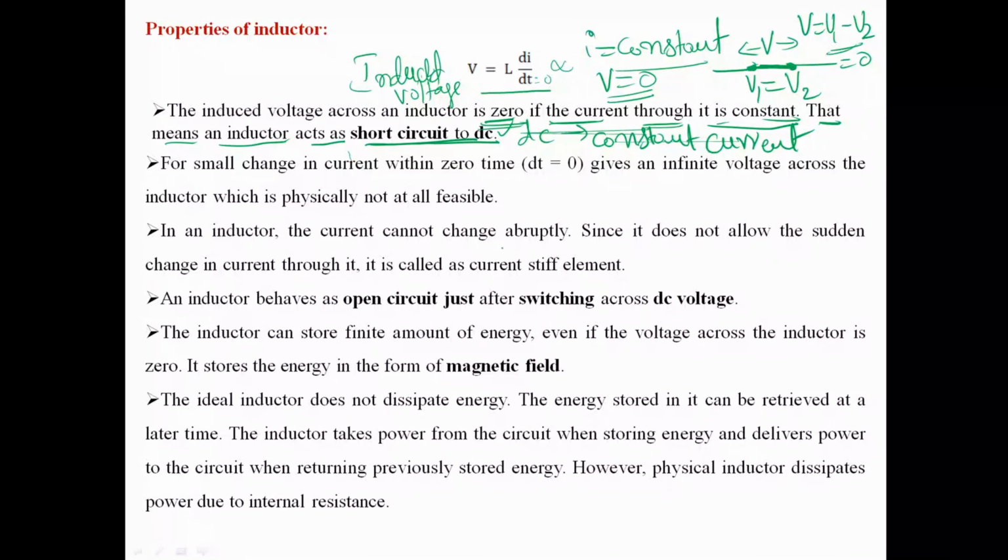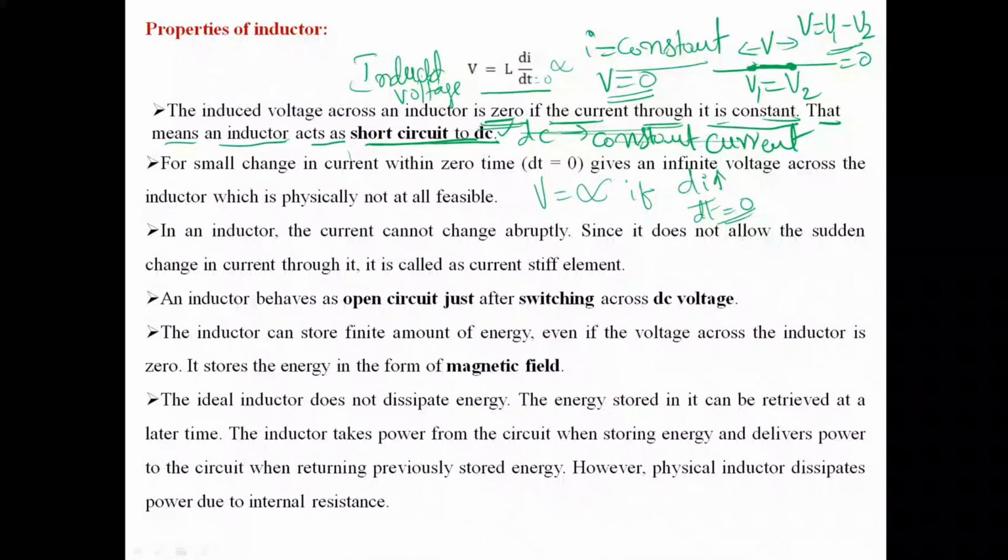Voltage becomes infinite if you try to increase or decrease the current within zero time. So a change in current within zero time gives an infinite voltage across the inductor, which is physically not feasible.